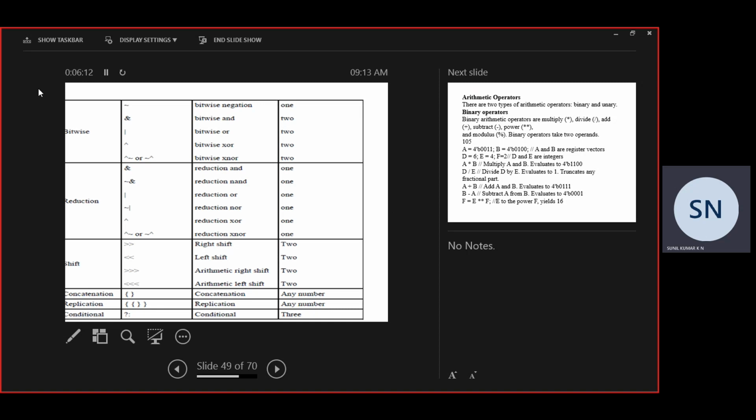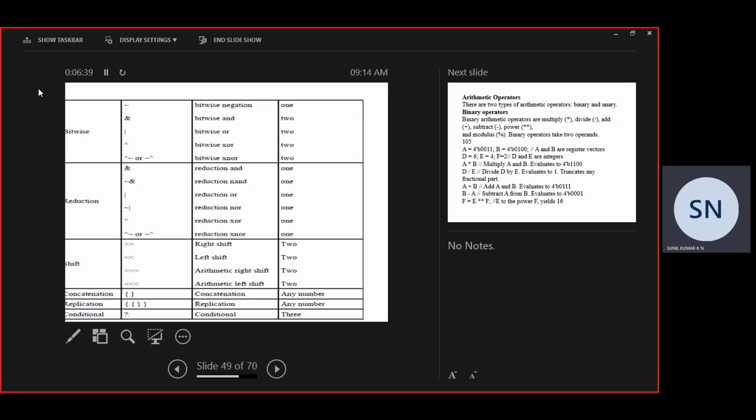Shift operation. Whenever I want to shift the bit positions, we are going to use the shift operator. There is right shift and left shift, and after that you can see there is arithmetic right shift and arithmetic left shift. Whatever the shifted positions are, they will be appended with zeros in the normal logical shift right and logical shift left.